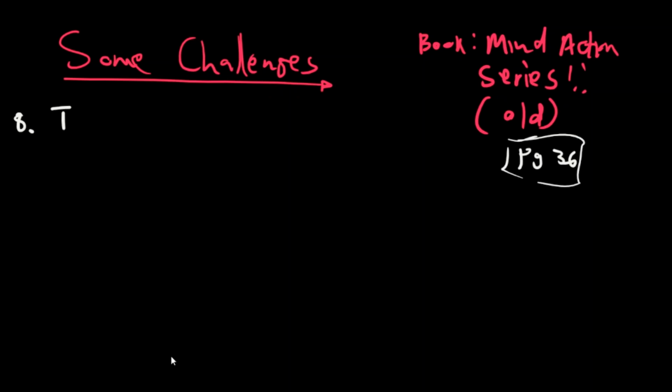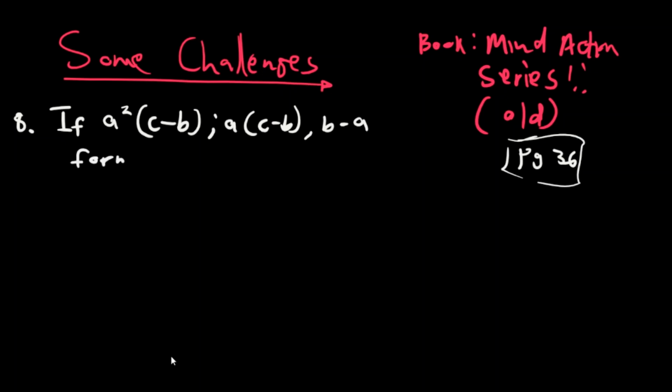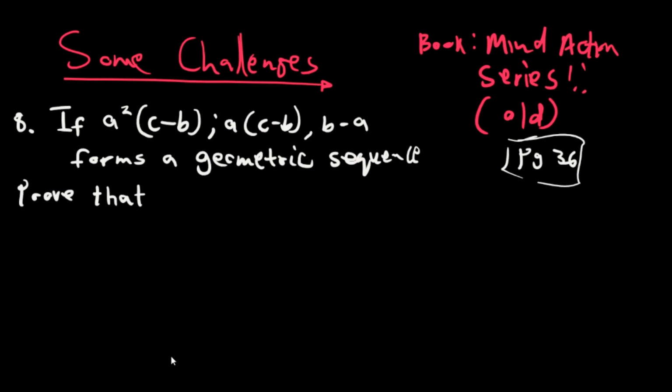It says if a squared into c minus b, a into c minus b, and b minus a forms a geometric sequence, prove that a, b, c forms an arithmetic sequence, right?